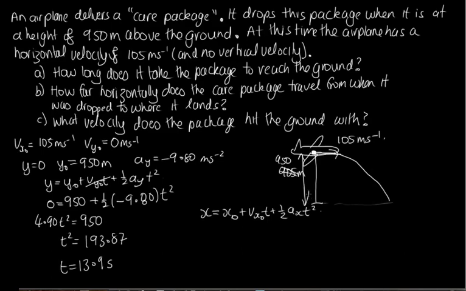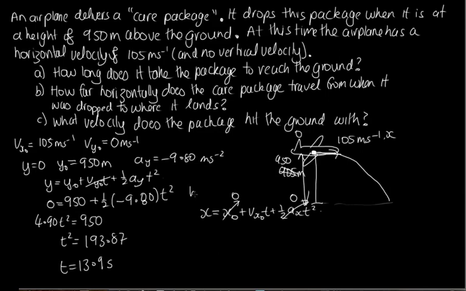Now we can call where it's dropped in the x direction 0, and this is x where it lands, what we want to find. So that term is 0. Vx naught, we're given up here, is 105, and the acceleration in the x direction, as long as we neglect air resistance, is 0, as it's not accelerating in the x direction.